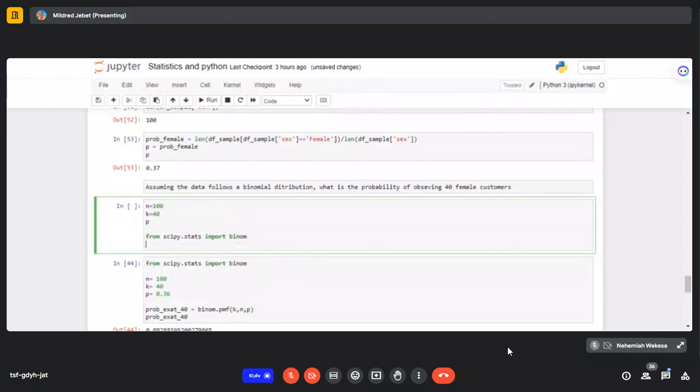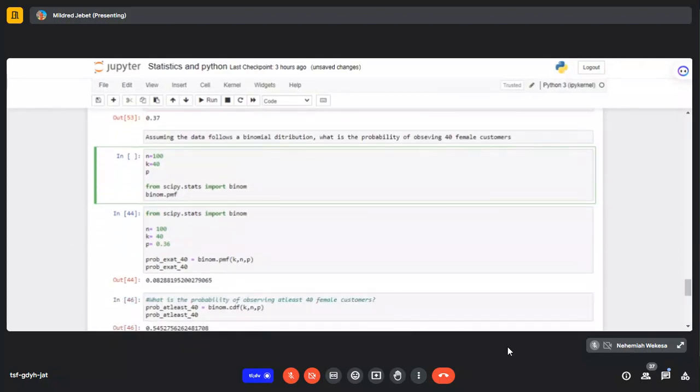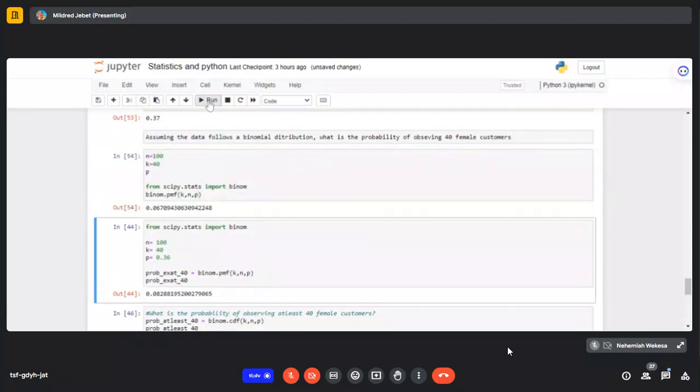We use it to calculate the probability of having exactly 40, which is binomial dot probability mass function, since it's a discrete variable, and then we provide our parameters, which is K, N, and P. We run, that's our probability here.